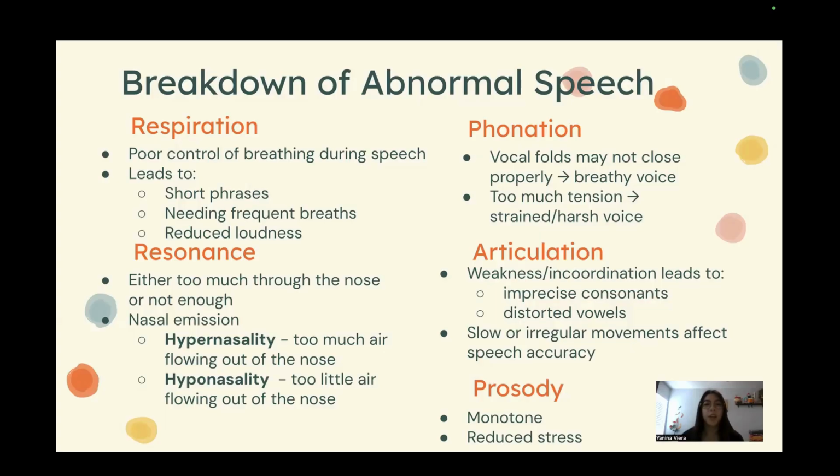And for phonation, the vocal folds may not close properly, leading to breathy voice, or there's too much tension that can lead to strained voicing. And then for articulation, there can be weakness or incoordination that can lead to imprecise consonants or distorted vowels, and slow or irregular movements affecting speech accuracy. And then for prosody, they can have a monotone voice or reduced stress.